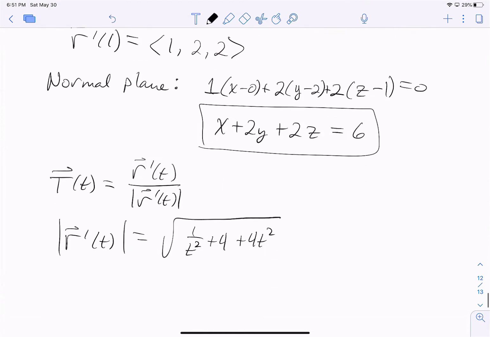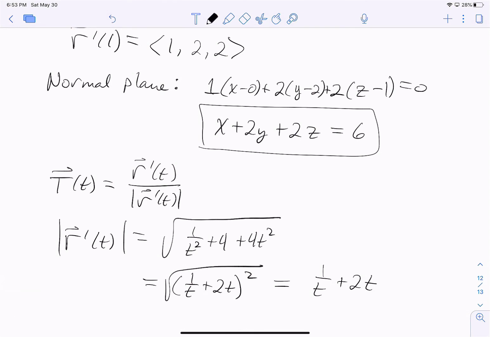This is just a little bit tricky, but if you look at it for a moment or two, you might see that this becomes the square root of the quantity 1 over t plus 2t, squared. Square rooting the square, we get 1 over t plus 2t. And because we did square root a square, we need absolute values.